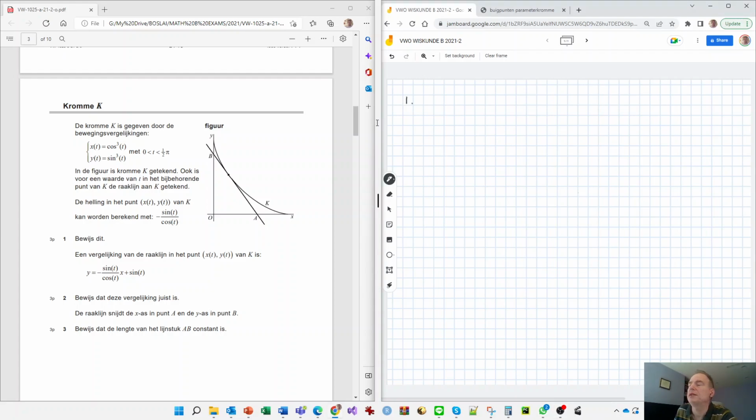Okay, so with these parametric equations you could try to express y in x, but that's generally not so straightforward.